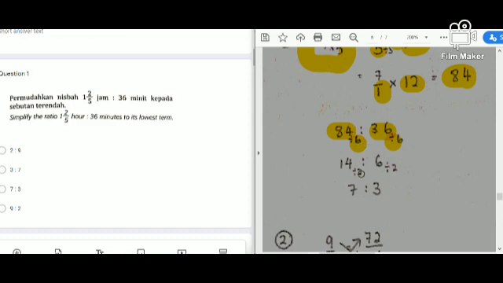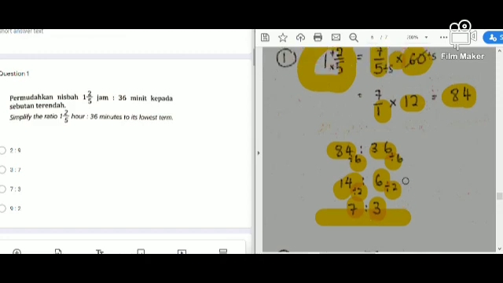So 84 divided by 6, you will get 14. 36 divided by 6, you will get 6. 14 and 6 can still be simplified, so you can divide by 2. Make sure this side is also divided by 2. So the final answer: 14 divided by 2, you will get 7. 6 divided by 2, you will get 3. So this is the final answer, 7/3. This is for question number 1.